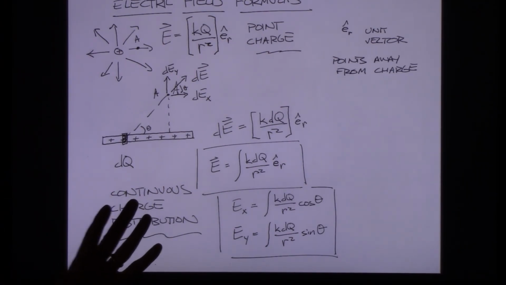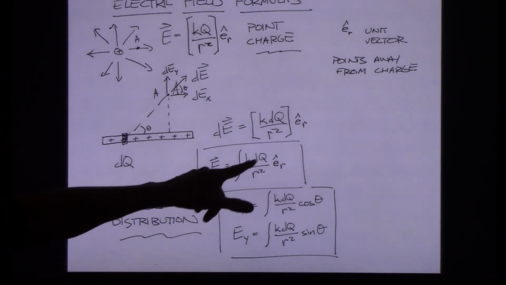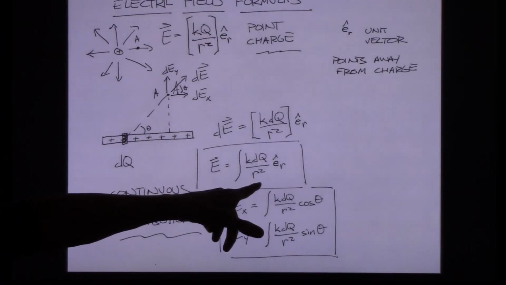In a math class, in your calculus classes, the integral could be anything, right? Crazy sort of stuff. But in physics, like this formula right here, there's an r squared. It's not going to be r to the 7th or r to the 13th or something like that. It's going to be r squared.